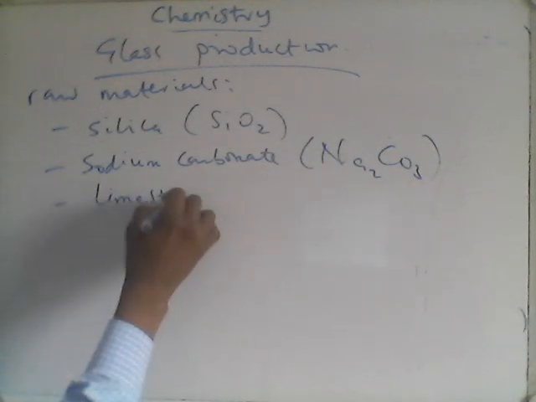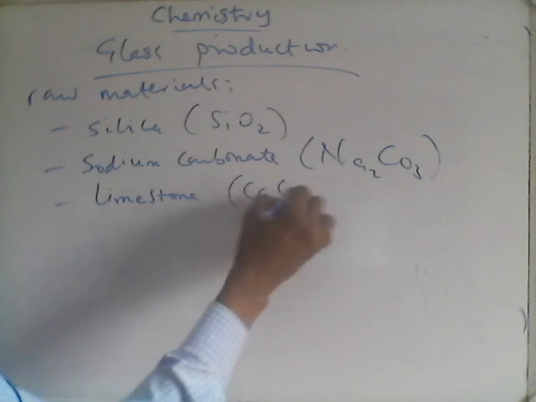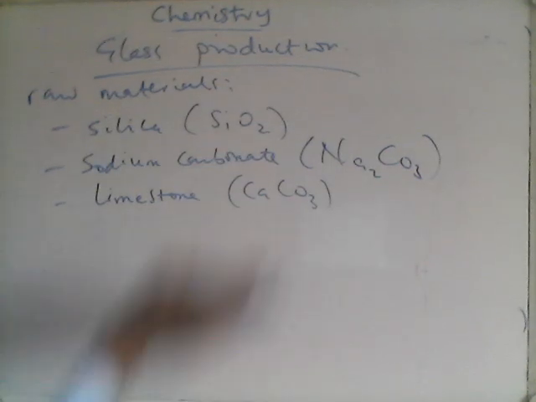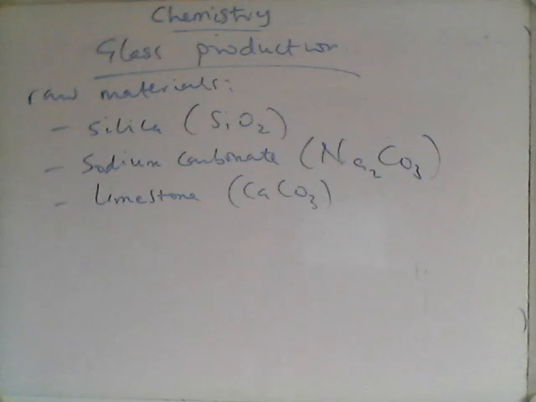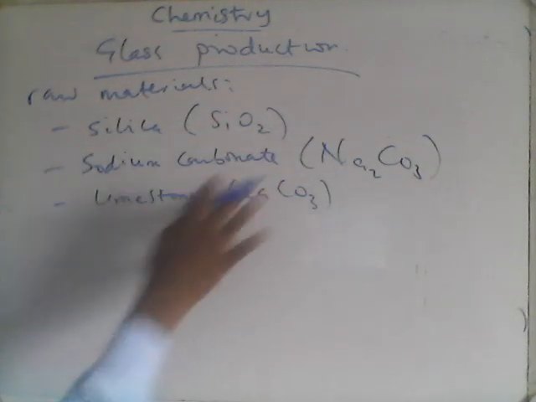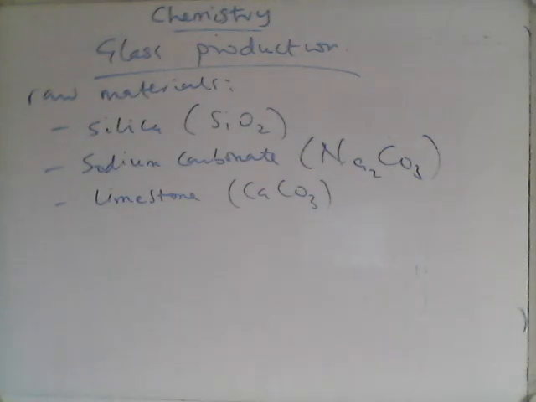These are the raw materials for making glass. So when you are asked in the exams which of the following are raw materials used for glass, silica is there, sodium carbonate is there, and limestone is also there.